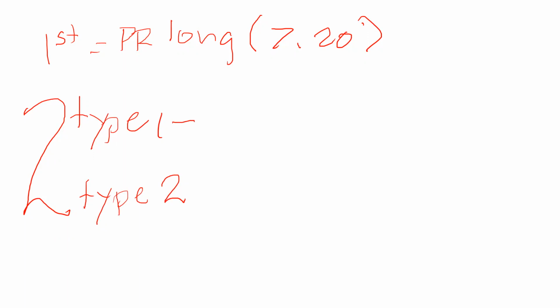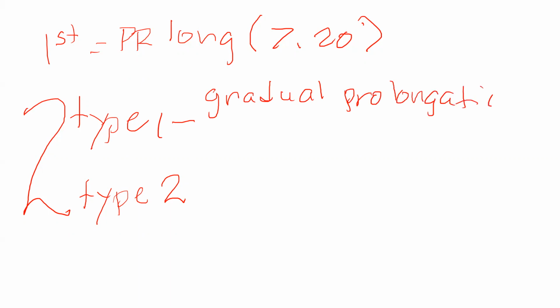Now, in type 1, what's going to happen is that there is a significant pattern of the PR interval behavior, and that is that there is a gradual prolongation of the PR interval until such time then that there's going to be a P wave that is not going to be conducted.